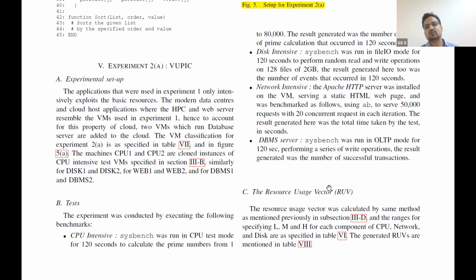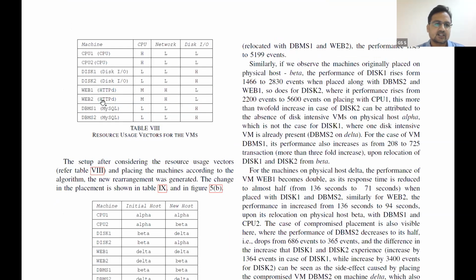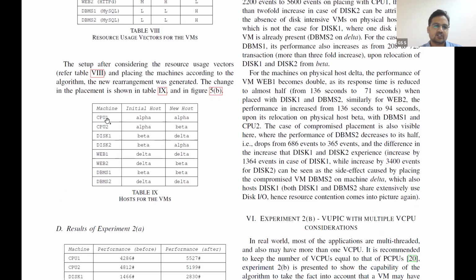So sysbench is a good tool which can generate CPU, network, and disk, all such loads. The kind of VMs we are running, these are the vectors they have. How do we decide these vectors? We see their utilization continuously, and based on certain thresholds, these are given. So initially the machines for them were these. After this, the new hosts are these.